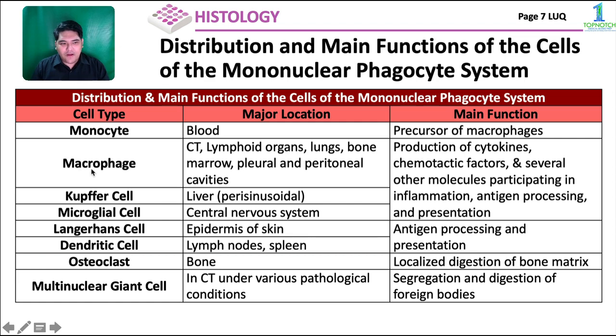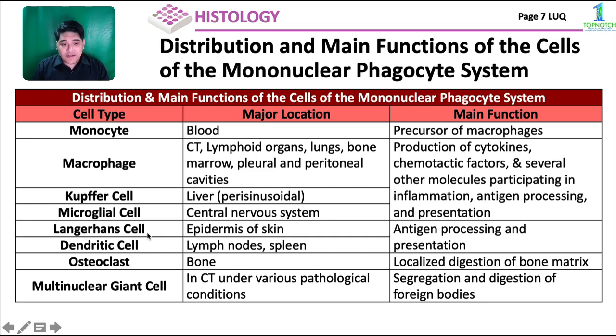Now, the macrophage of your liver, specifically in the perisinusoidal area, is your Kupffer cell. If the monocyte wanders to the brain, it will become the macrophage called the microglial cell. When it stays in the epidermis of the skin, it's your Langerhans cell.